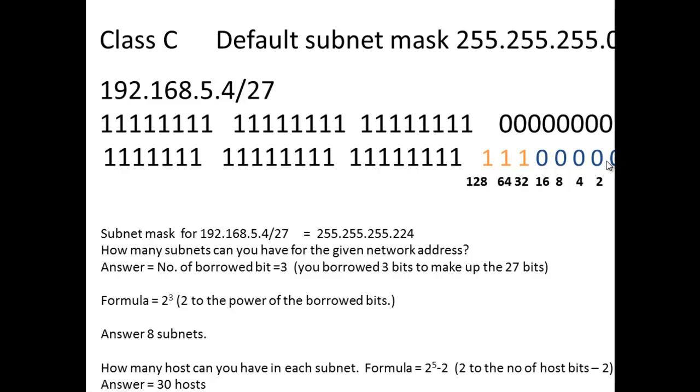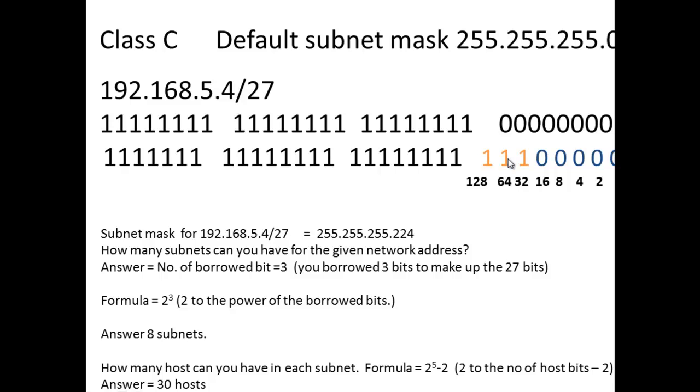To calculate the subnet mask, you look at the section of the network that has the combination of ones and zeros. And that is the section you work out the subnet mask from. What you would have to do is take the binary number that you get, and this is a new binary number because remember before we had all zeros.